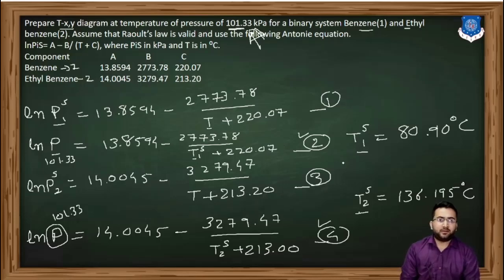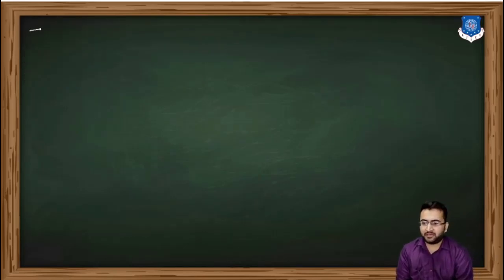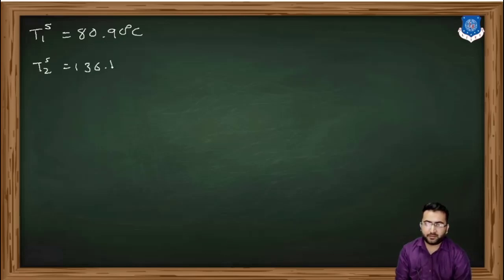To plot the graph of TXY, we need different temperature points. We can take temperature points between T1 saturated, which is 80.90 degrees Celsius, and T2 saturated, which is 136.195 degrees Celsius.